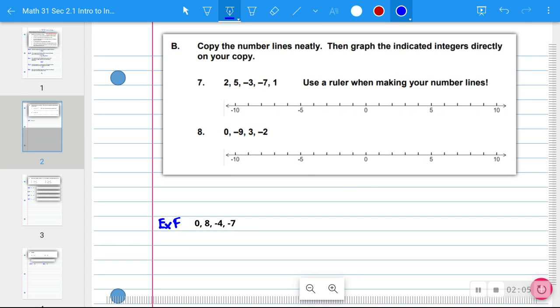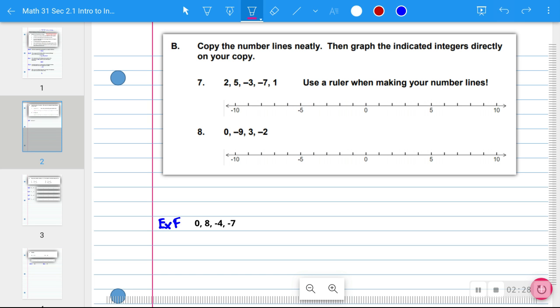Okay, the goal here on example B is to draw a number line and then graph the integers that are given. So we're going to draw a number line, and some examples are given up there of what is expected. You may notice on these that I only actually label the scale every fifth number, and you are expected to do the same thing.